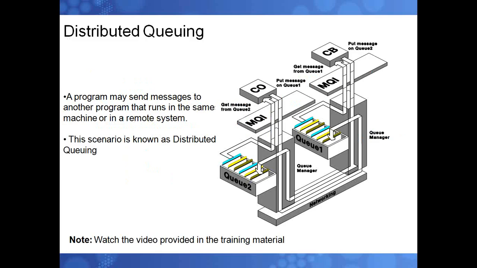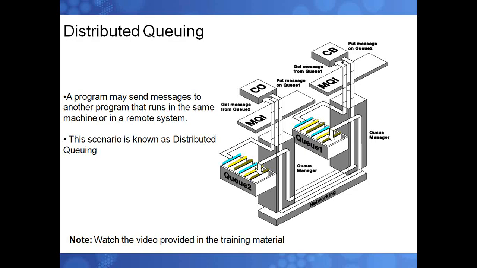Basically, when we go into the message broker tool, there are three concepts of MQ which we need to be aware of: distributed queuing, triggering, and clustering. What is distributed queuing all about? If MQ is placed on the same system or the same network, it communicates quite easily. As I said, one of its advantages is communicating irrespective of the different communication protocols and operating systems.